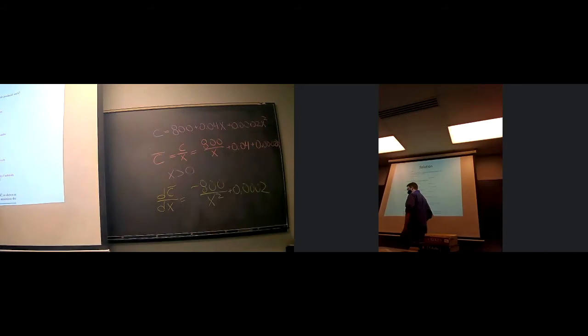Right? And then they set that equal to 0, and they solve. And when they solve, they find that x is equal to plus or minus 2,000. But we said x has to be greater than 0, so we take 2,000, and that's the min.